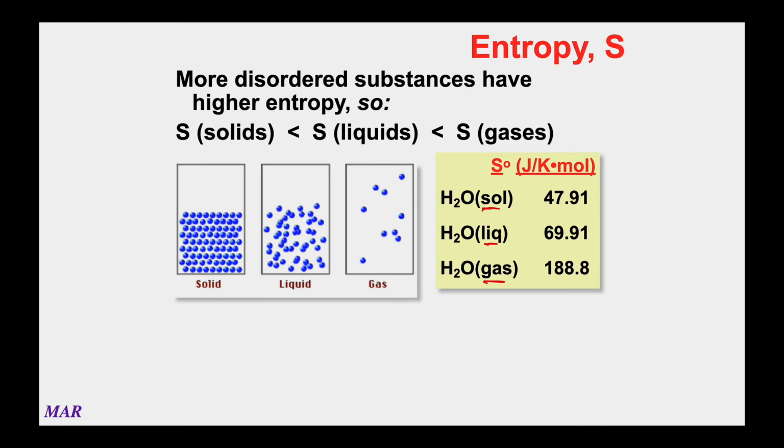Ice would have an entropy of 47.91 joules per mole Kelvin, liquid water the 69 number, and gaseous water the 188. Notice here, and this is a trend you see all the time, solids always have less entropy than liquids, and liquids have less entropy than gases. Now, solids are very locked in place.